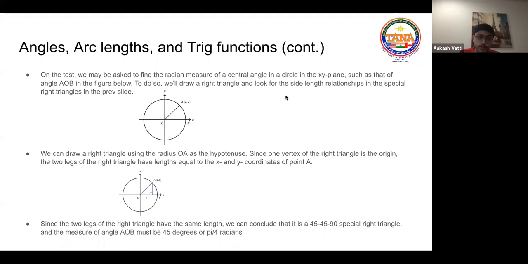You're basically guaranteed to have 90 degrees here because it is a vertical intersection. And due to the special right triangle rule, it's a 45, 45, 90.